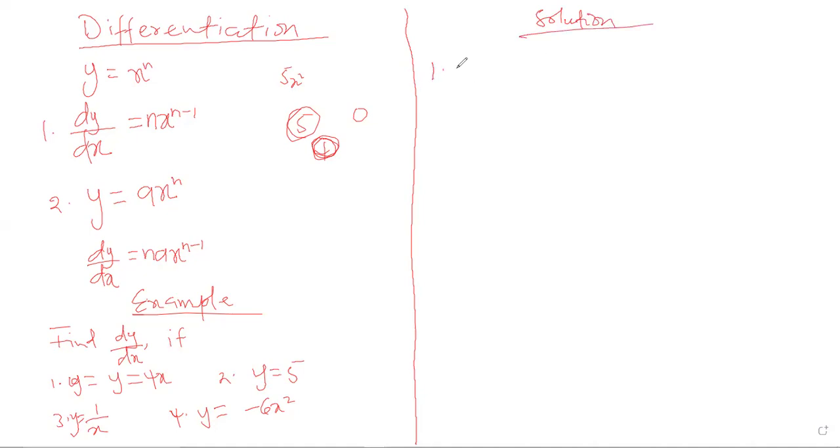So the first one is y is equal to 4x. When you're asked to differentiate this, dy/dx is equal to, so there is an exponent 1 here. We bring the 1 to multiply the 4.